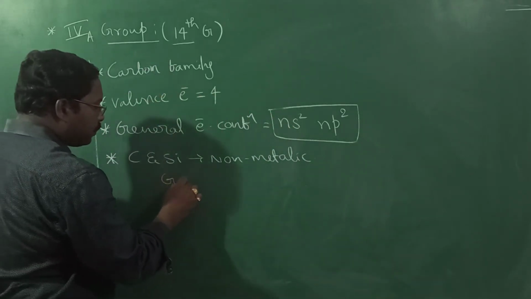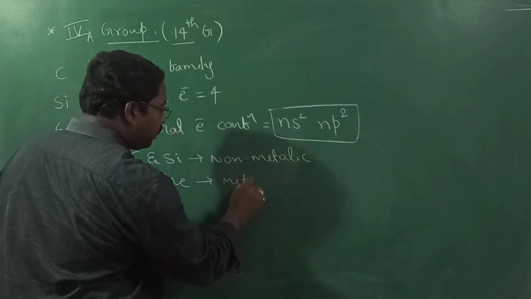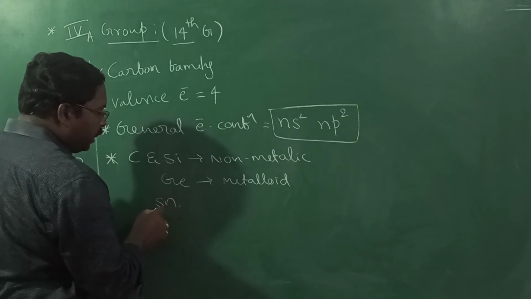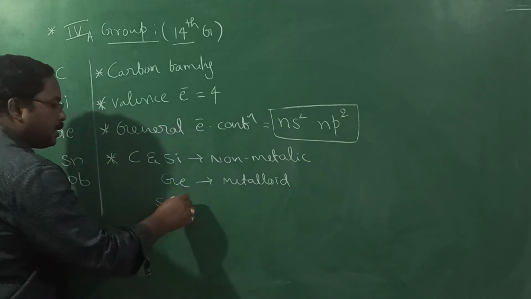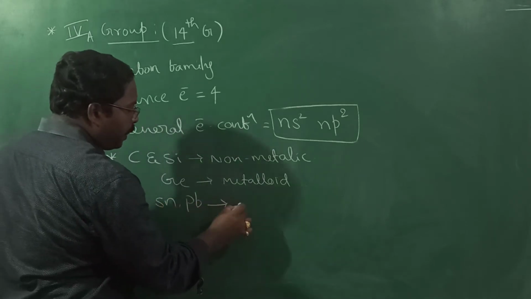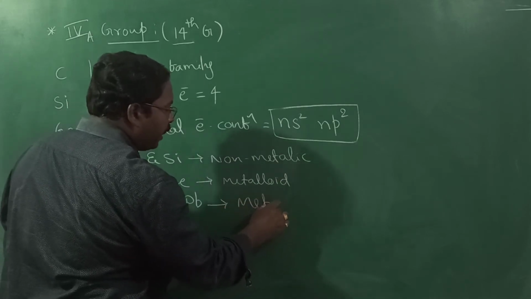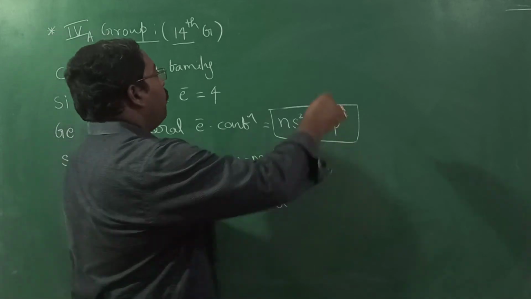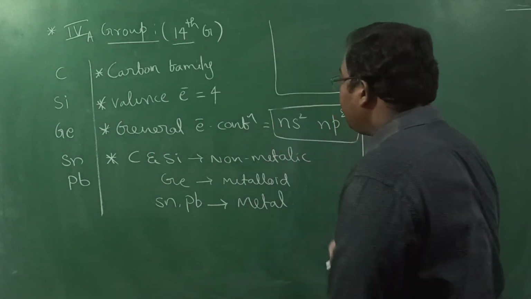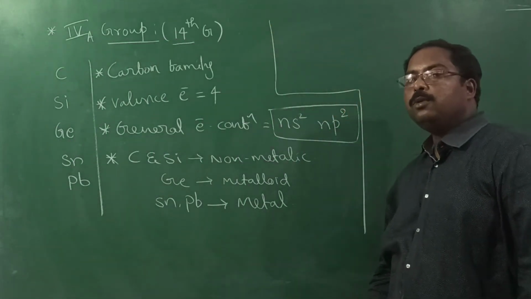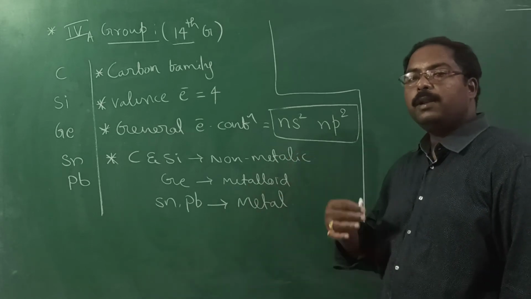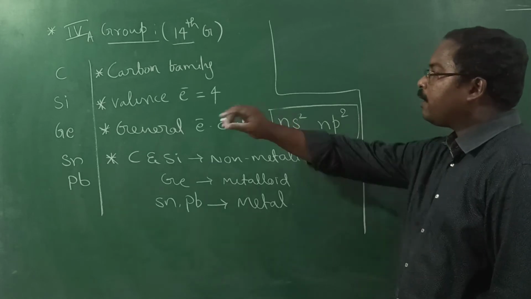Germanium is purely a metalloid. Tin also has some metalloid characteristics. And plumbum is a metal. Now, as they are non-metals, they have a tendency to gain electrons. Even the metalloids also have a tendency to gain electrons.